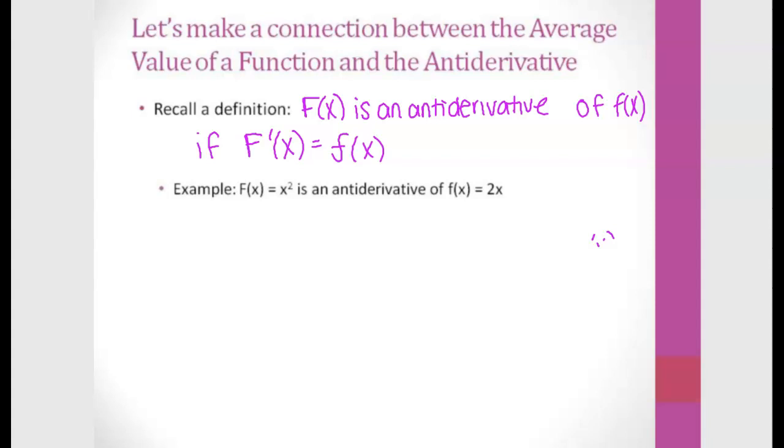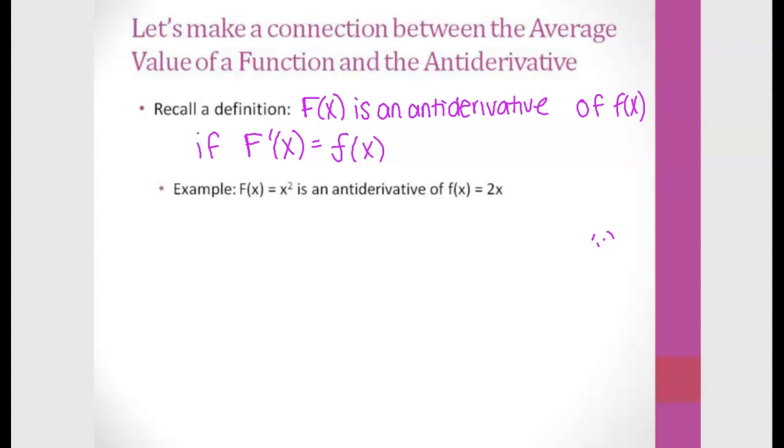So antiderivative and integral mean the same. Antiderivative and integral mean the same. So anytime I ask you to find the antiderivative, it is the same as me asking you to find the integral.